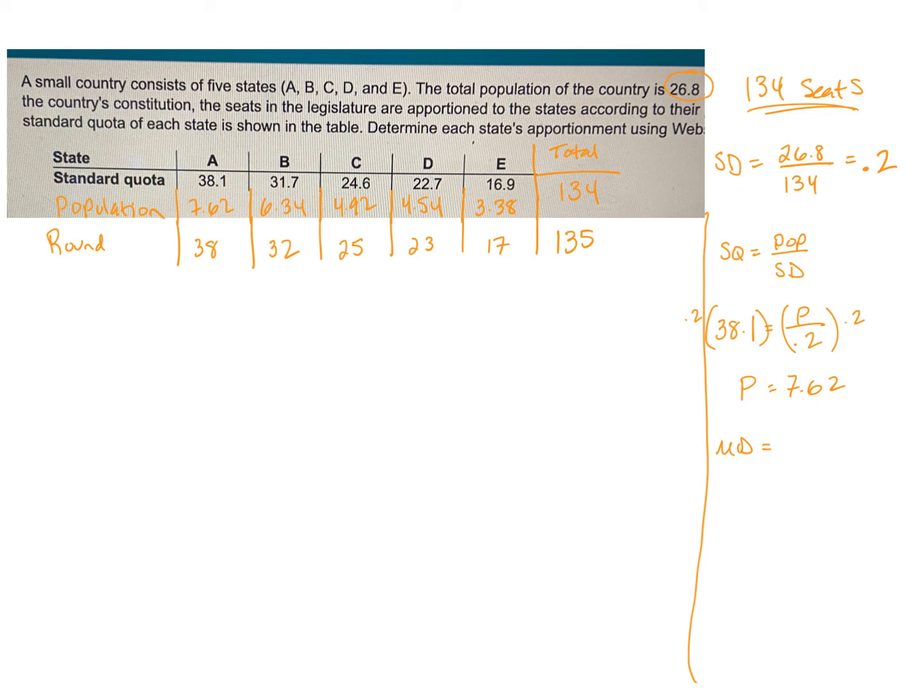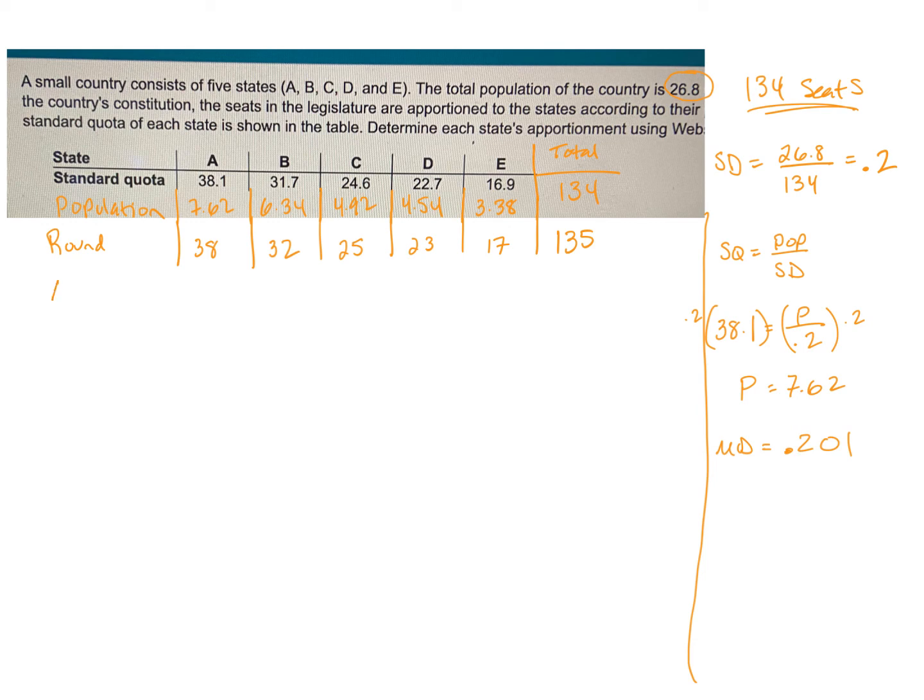So 0.201. That is just a little bit bigger, about 0.5% bigger than our last divisor. You don't have to be super exact. You could have tried 0.21 and you would have just seen very quickly as you went through Webster's method that it's too big and you'd make it smaller. 0.201 is my next guess here.